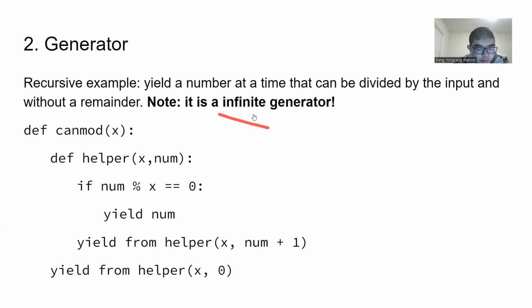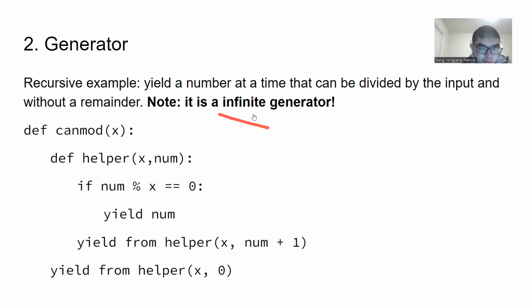Define helper, yield from helper x 0. So CanMod is a generator, and it returns a generator as well. And then the helper function generator is also iterable, has the property of an iterator. Suppose x is the input, and I want to check if a number can be divided by x without a remainder.